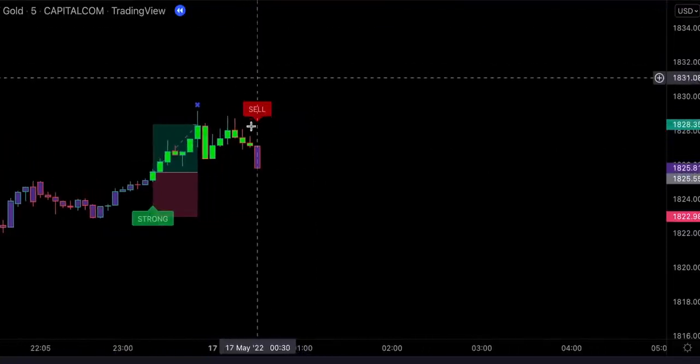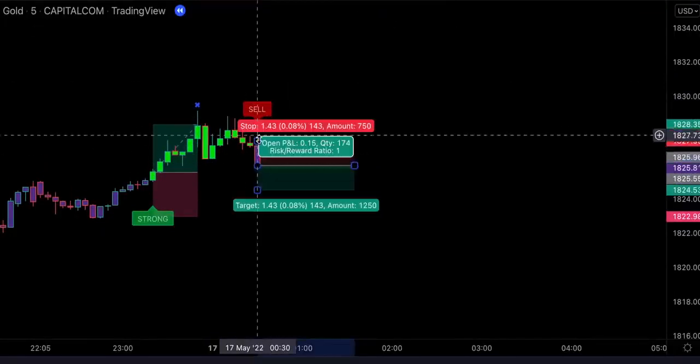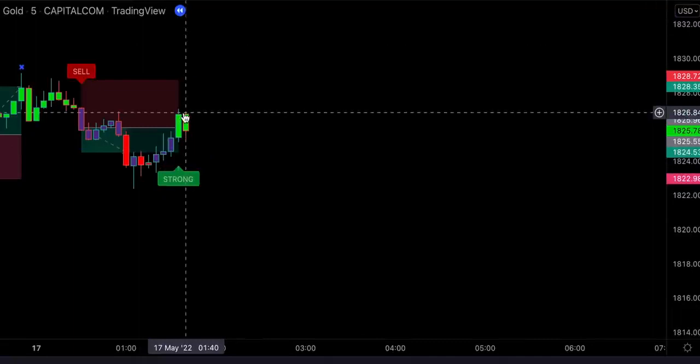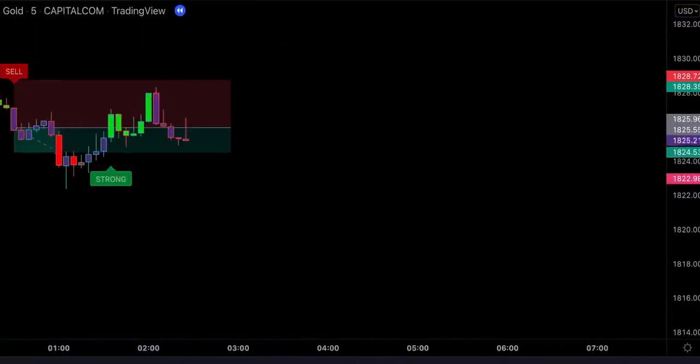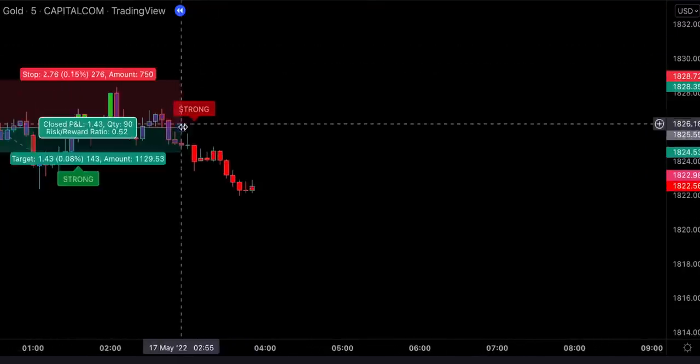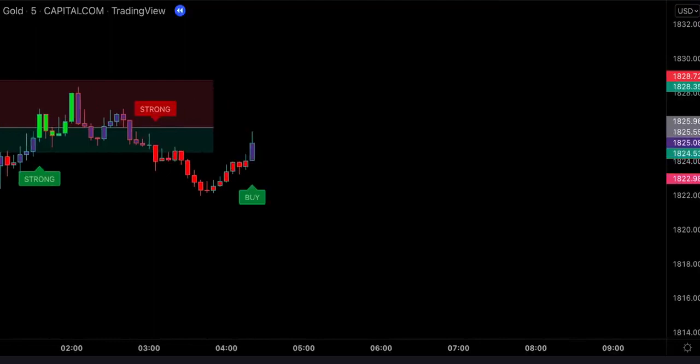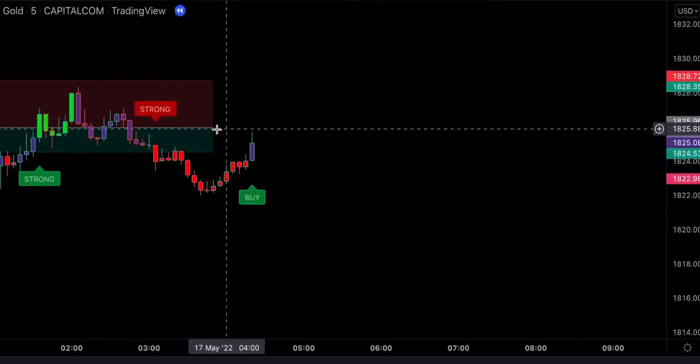So here we've got a new sell signal. We see we cannot close the position just yet because we're running in loss. Okay, so this is where we can close that trade.